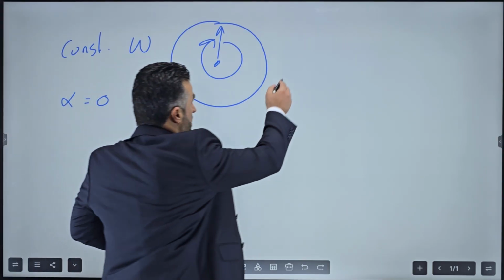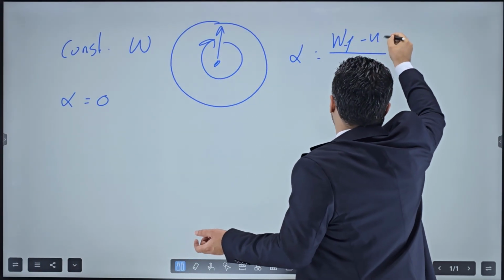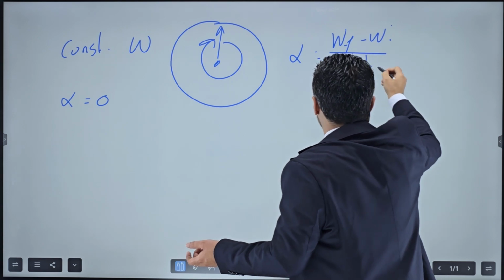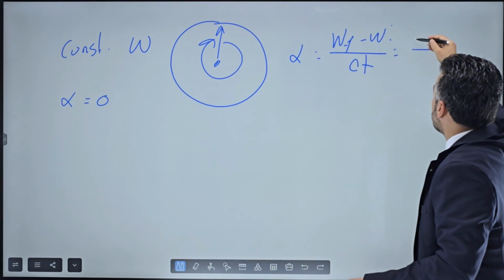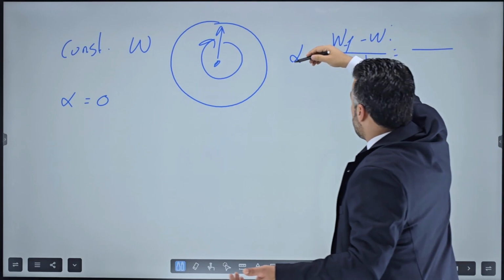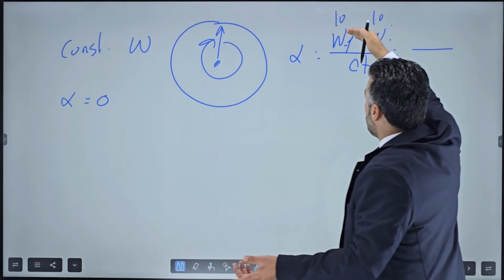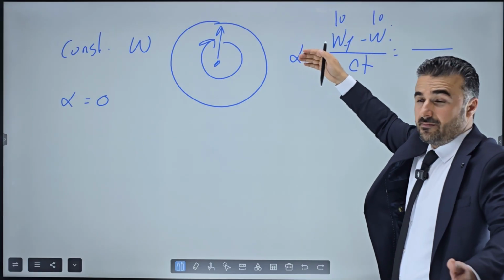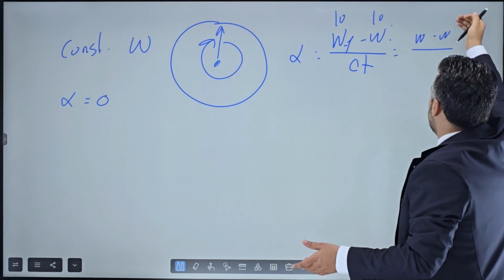Do you want me to prove that? Angular acceleration, we know that it is equal to final minus initial divided by delta t, yes? So let's use an easy example. Because they don't speed up or slow down, whatever initial is, final will be the same thing. Let's just use random numbers. Because the angular speed doesn't change, 10 minus 10, that is going to be what?